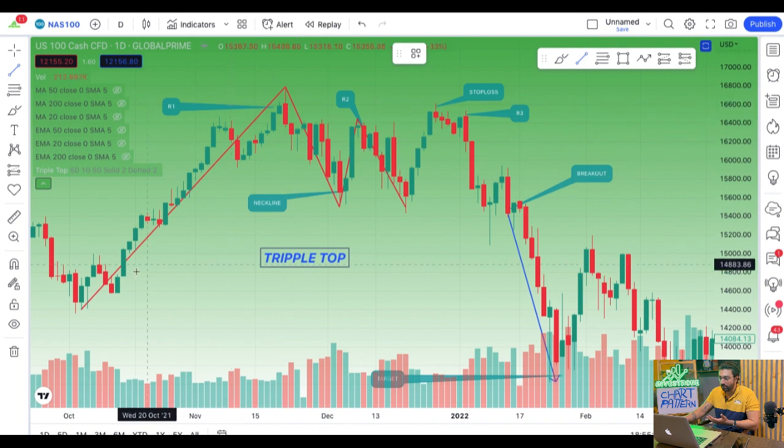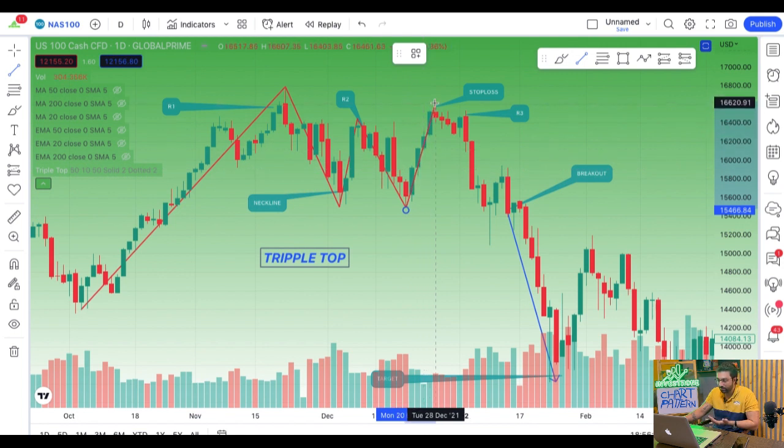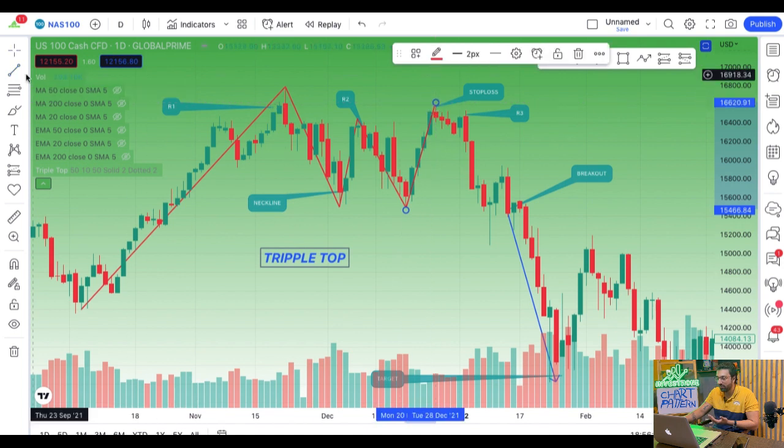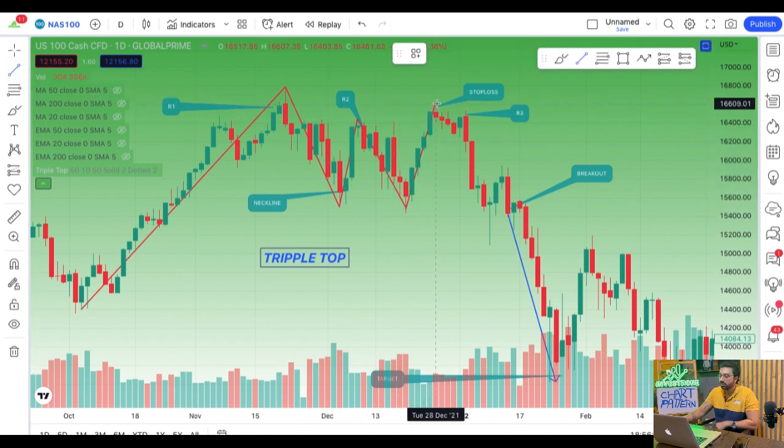In the double top pattern, when the sellers pushed the market down from resistance 2, it broke through the neckline. But in the triple top pattern, while sellers pushed the market down from resistance number 2, they failed to break the neckline, and from there buyers pushed the market up again and tried to break the resistance, but again they failed, and that's why the market goes down again and the sellers push it down again. You can see here.